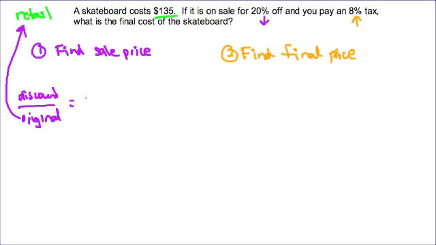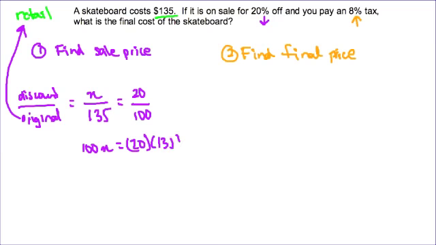And so here's what I have. I don't know what the discount is, but I know the original is $135. I know that the discount is 20%, and that therefore is, of course, out of 100. So I'm going to use cross products here and say that 100N is equal to 20 times 135, and I'm going to divide by 100 and divide by 100.